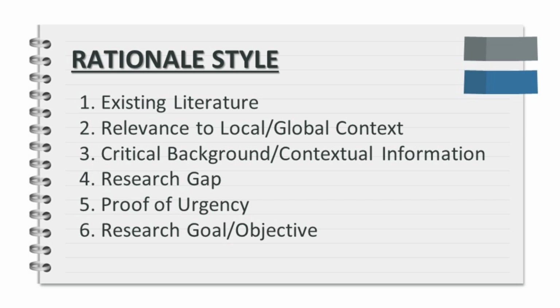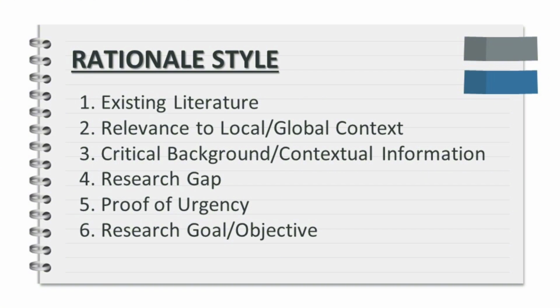Number 4, research gap. Highlight the problems, issues, or questions that have not been addressed or are yet to be understood with the aid of your research. Dito ninyo ilalagay yung mga variables na inyong pag-aaralan na makikita sa research problem.